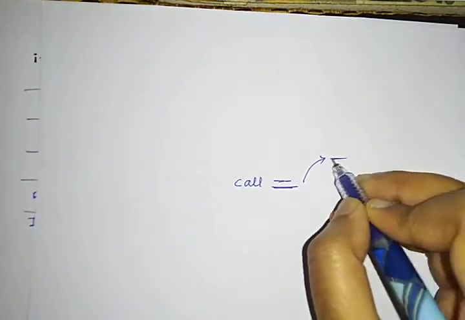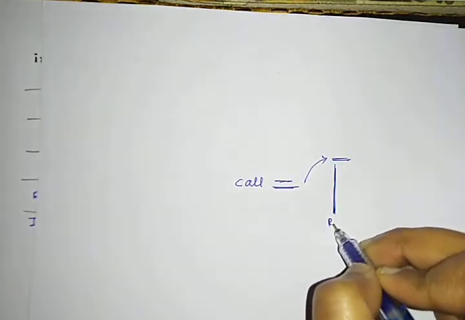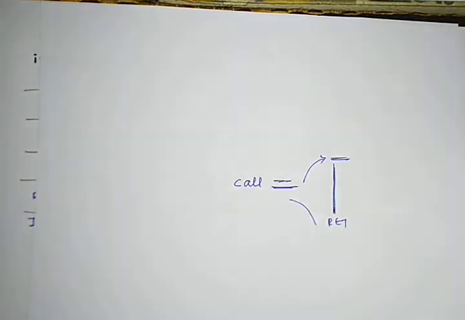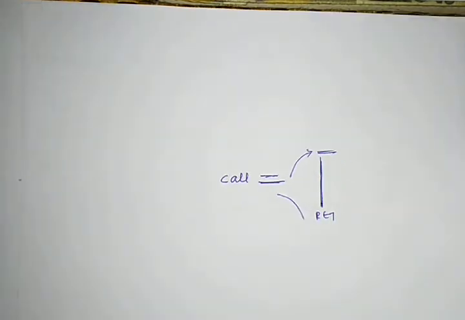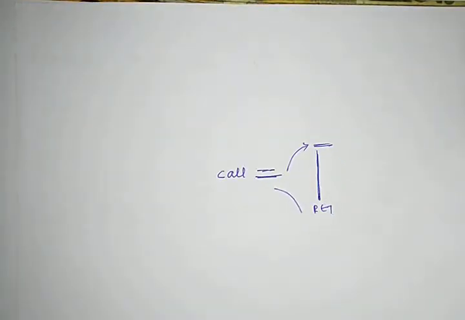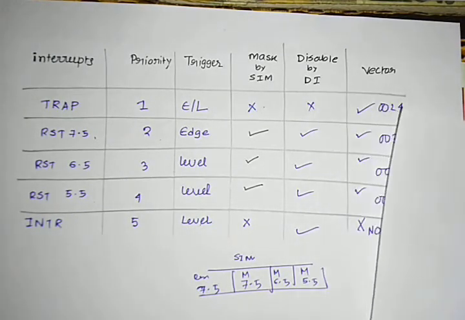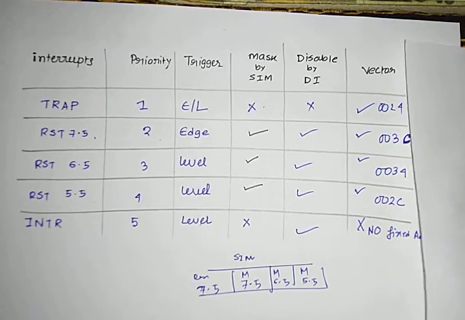You have to go to that address, execute the program and then return. So among our 5 hardware interrupts, everyone has a specific address except INTR. These 4 interrupts which have a certain address are called vector interrupts.